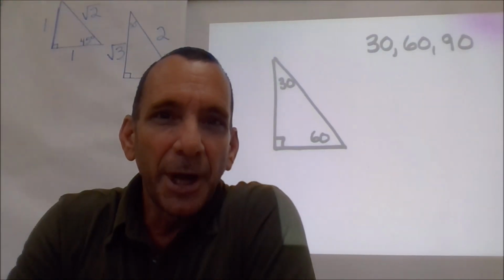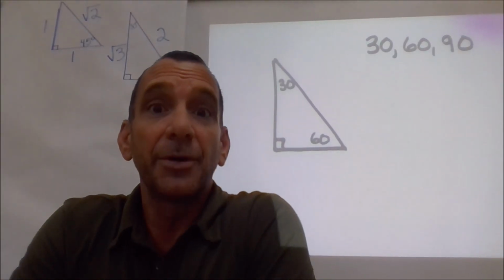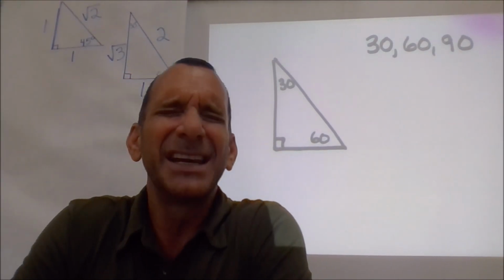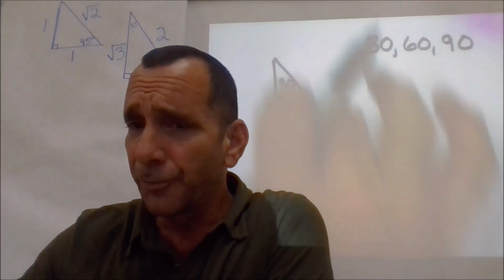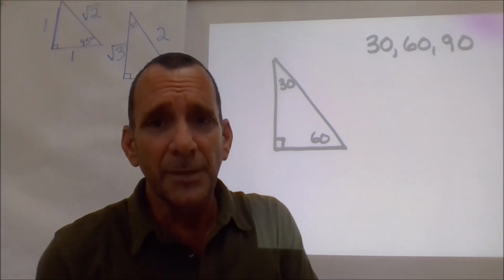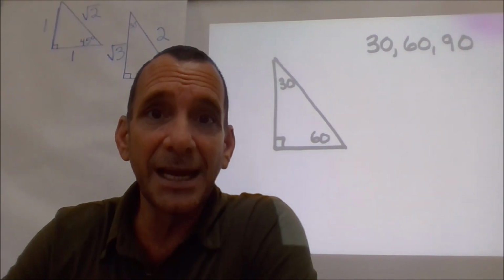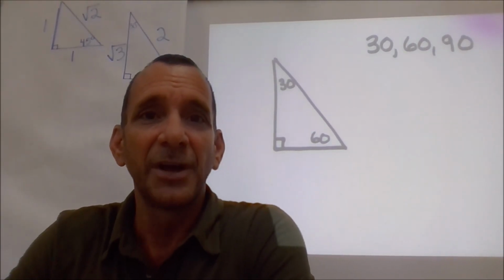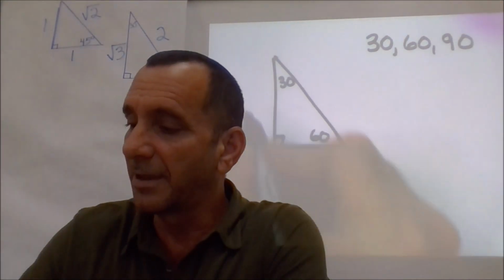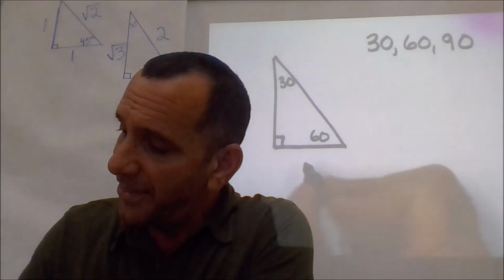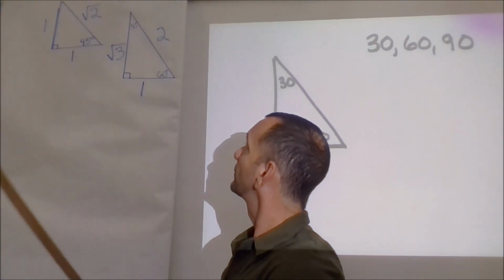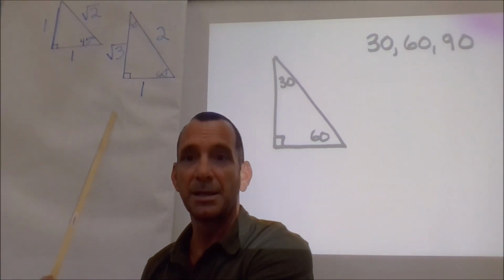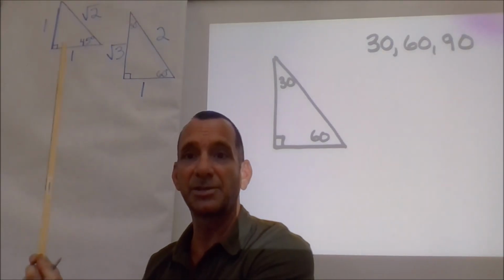Now let's step it up a little and talk about 30, 60, 90, another very special right triangle. And this one also has a ratio of sides. So if we know we have a 30, 60, 90 triangle, we have a relationship between the lengths of all the sides. And that is up here. I'm just going to put it up here. 1 to square root of 3 to 2.